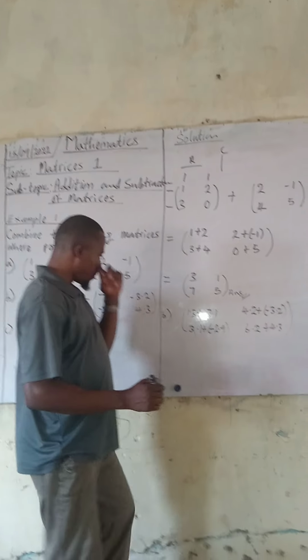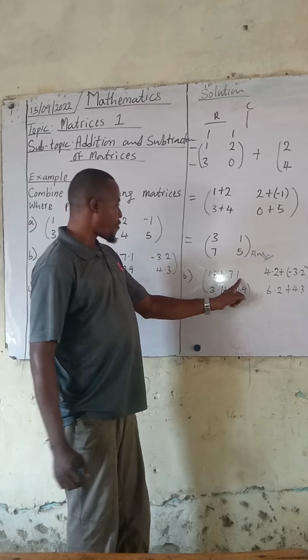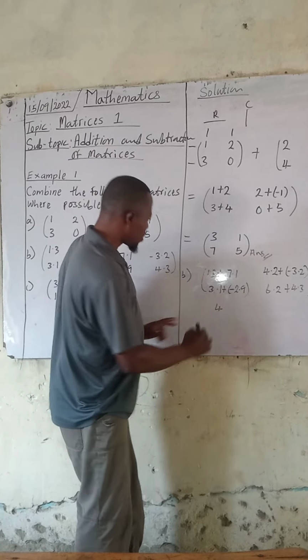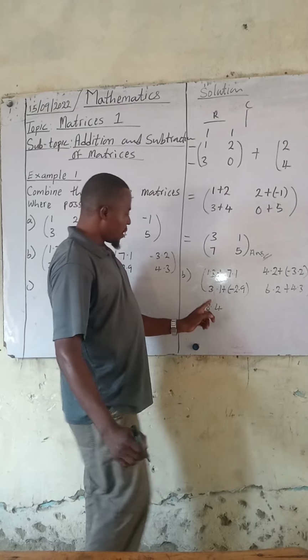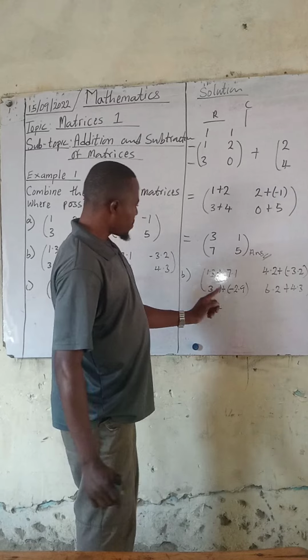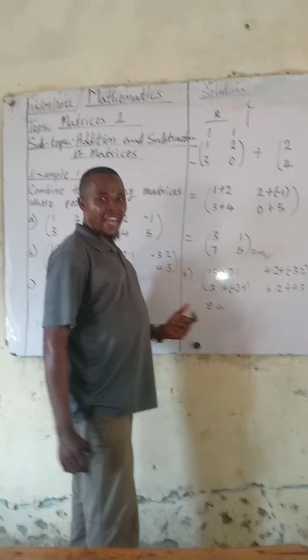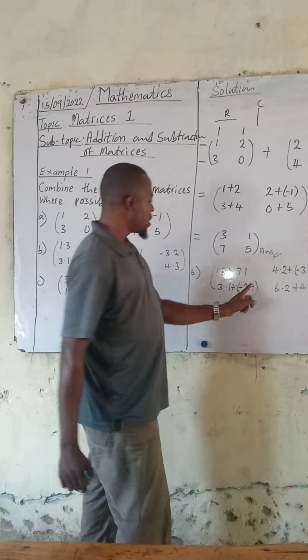Now in this case, 3 plus 1 will give us 4. So we write 4. Then 1 plus 7 will give us 8. So we have 8.4. Then here we have plus times minus, which will give us minus. So we are going to do 3.1 minus 2.9.